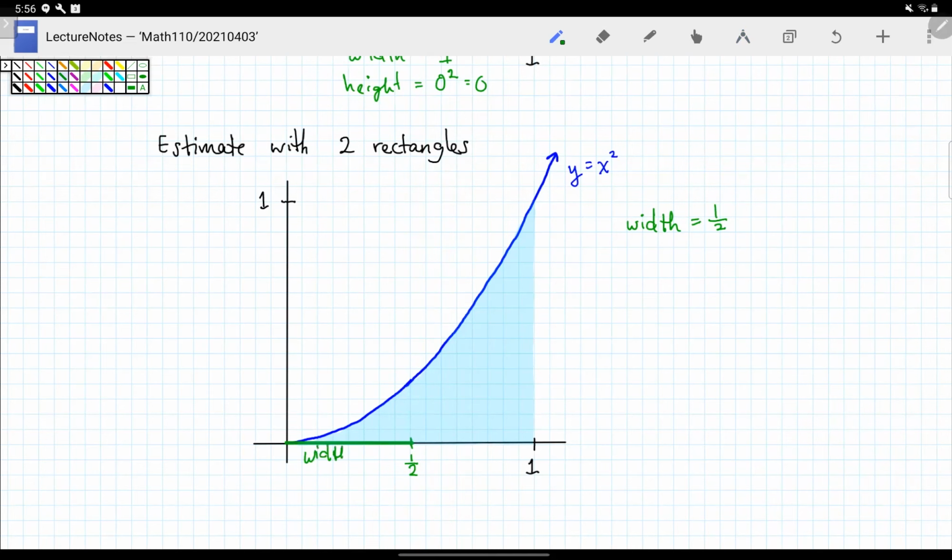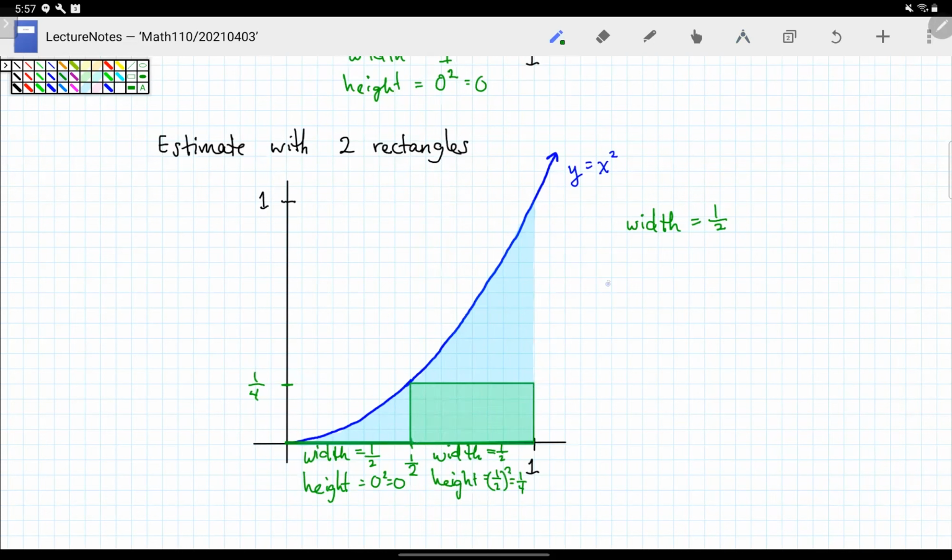Width equals 1/2, height equals 0 squared, which is 0. This one, the width is 1/2 again, and the height is going to be taken from the left endpoint, which is 1/2 squared, which is 1/4. So 1/4 is here.